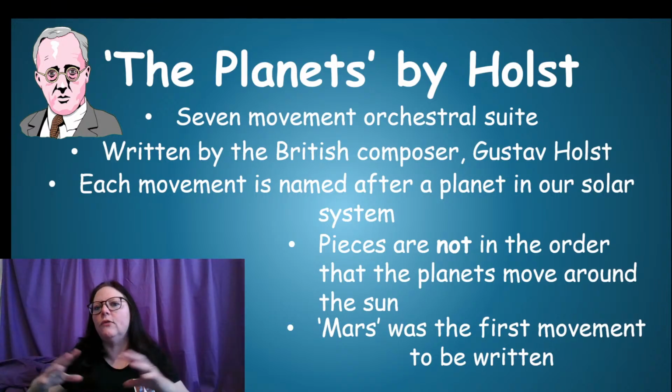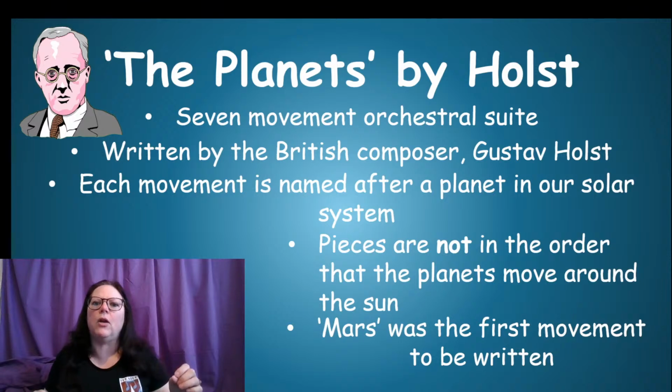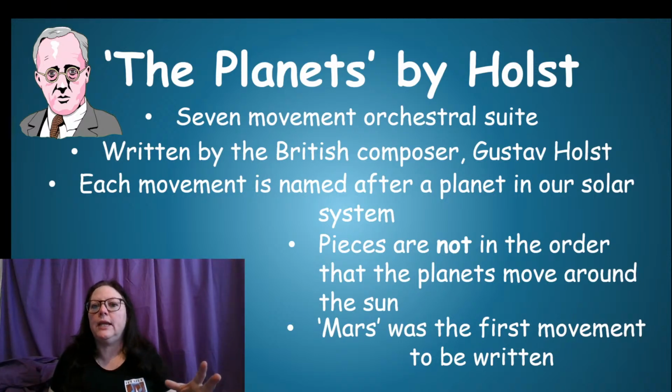They were written over quite a long period of time. He started writing in 1914, and some people say, well, maybe because Mars is the bringer of war, and that's the piece we're going to be listening to today, and it was the first one he wrote, maybe it was a precursor before the First World War. But Holst himself said that that was not the case.